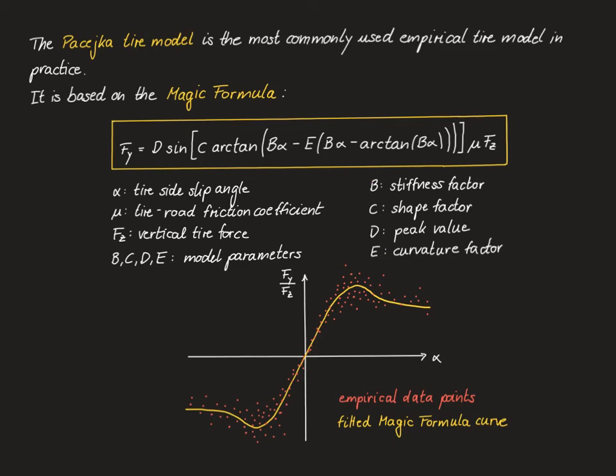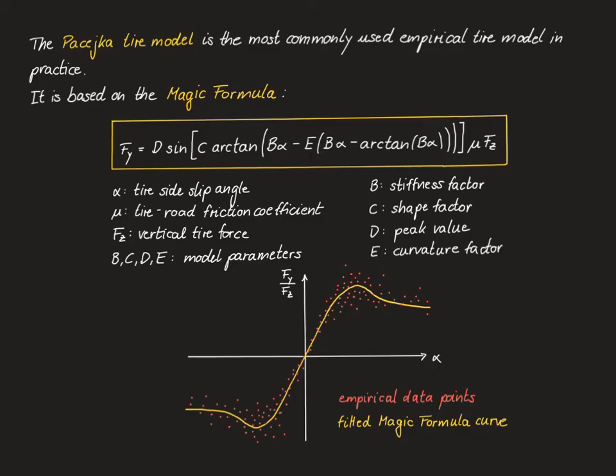So for example, offsets. Roughly, one can say that the stiffness factor B is used to control the slope of the magic formula around the origin. The shape factor C controls the location of the peak along the alpha axis. The peak value D controls the height of the peak.